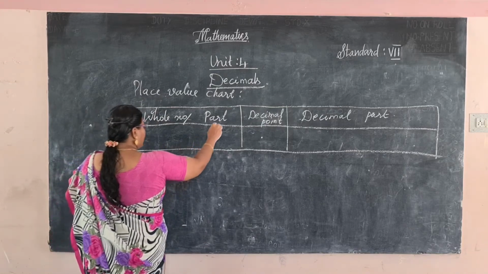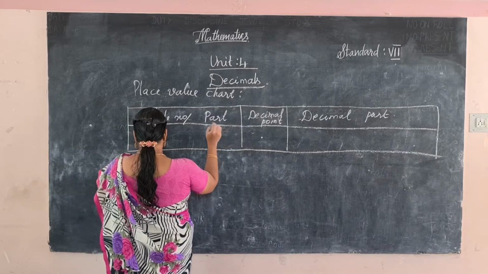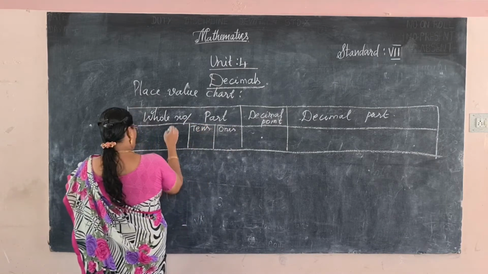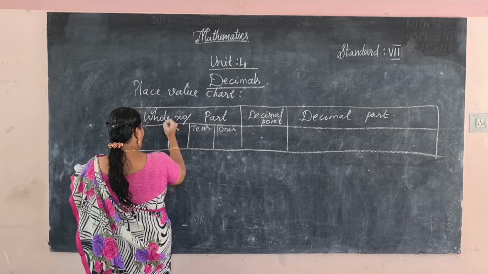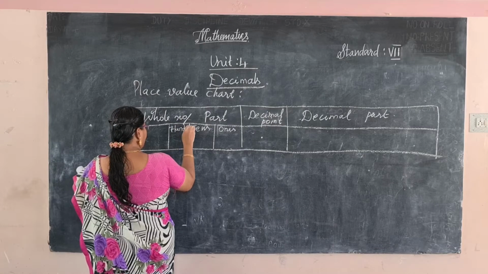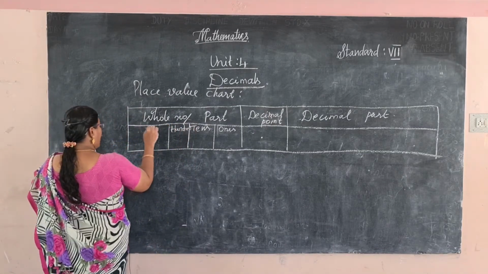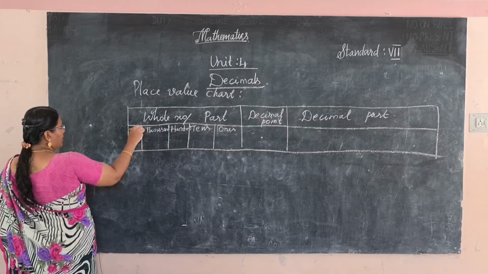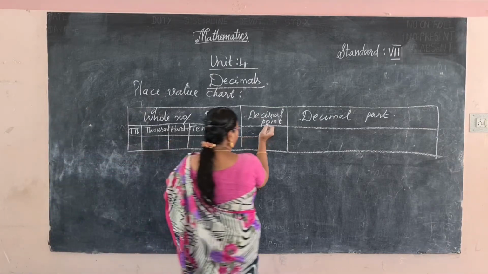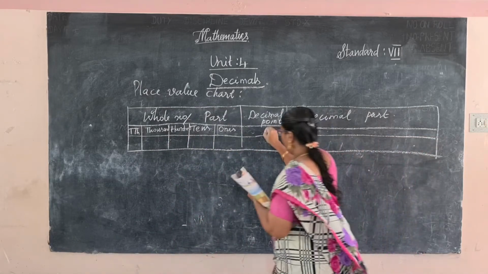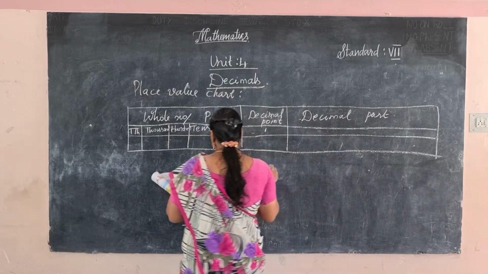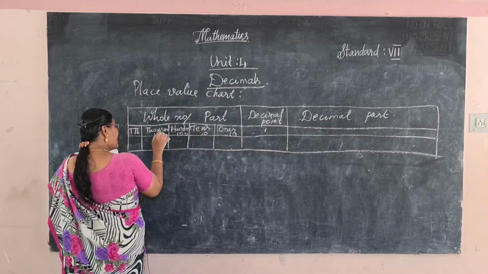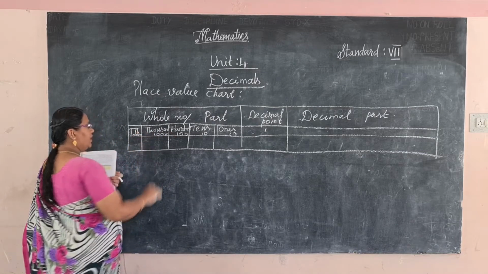Just to recapitulate, the first one is ones, the next is tens, then hundreds, then thousands, then 10,000.